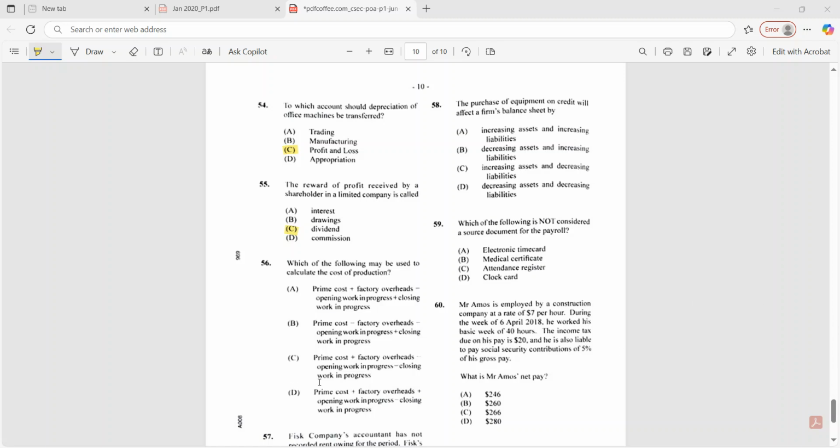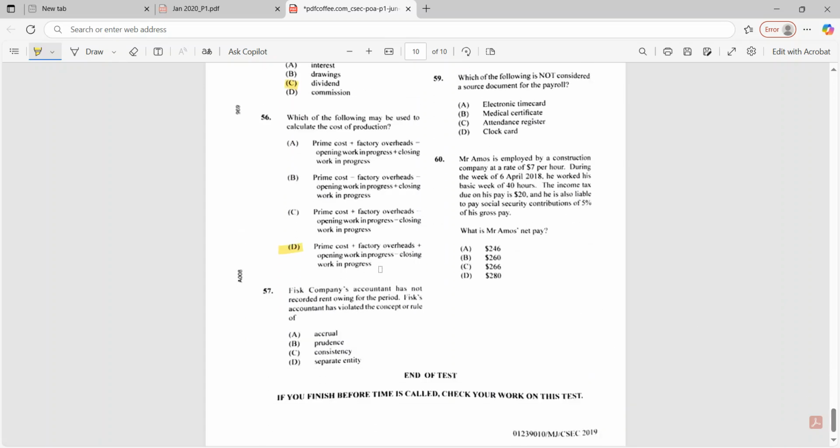We know that to calculate cost of production is prime cost plus factory overheads plus opening work in progress, and then minus closing work in progress. So it's going to be D. 57. Fisc company's accountant has not recorded rent owing for the period. Fisc's accountant has violated the concept of the rule of. And 57 is accrual.